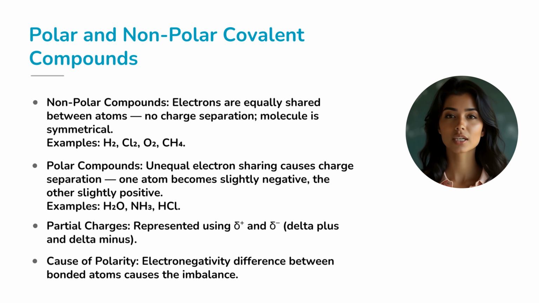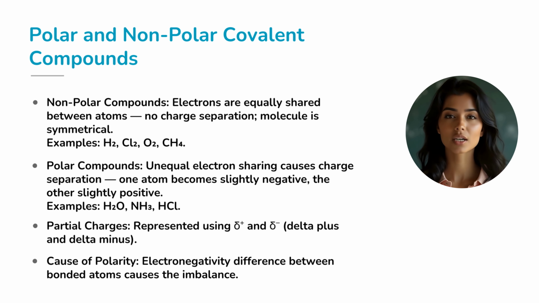But in polar covalent bonds, the electron sharing is unequal. One atom pulls harder on the electrons. Take HCl, hydrogen chloride. Chlorine is more electronegative than hydrogen, so the shared pair is closer to chlorine.